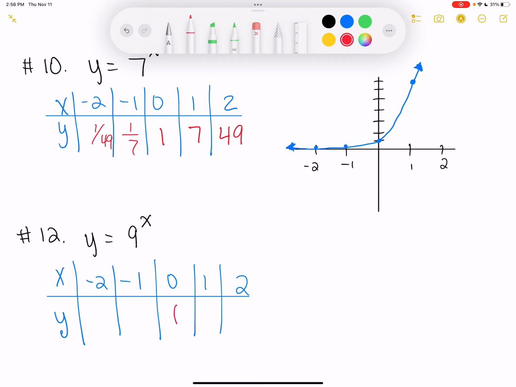Okay, 1. What about when I put 1 in? 9. What about when I put 2 in? 81. Okay, so then when I put -1 in, what happens? It's 1 over 9. Okay, 1 over 9. And -2 is 1 over 81. So then I can come over and draw my graph.